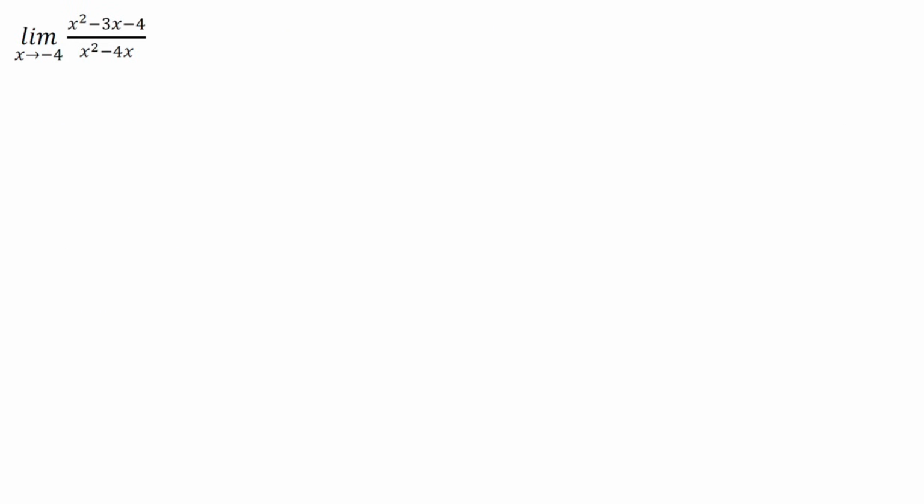All right, for our next one here, we have a limit as x approaches negative 4 of x squared minus 3x minus 4 over x squared minus 4x. So just go ahead and plug in the negative 4 first. So we end up with 16 plus 12 minus 4 over negative 4 squared is 16, and then minus 4 times negative 4, so plus 16 more.